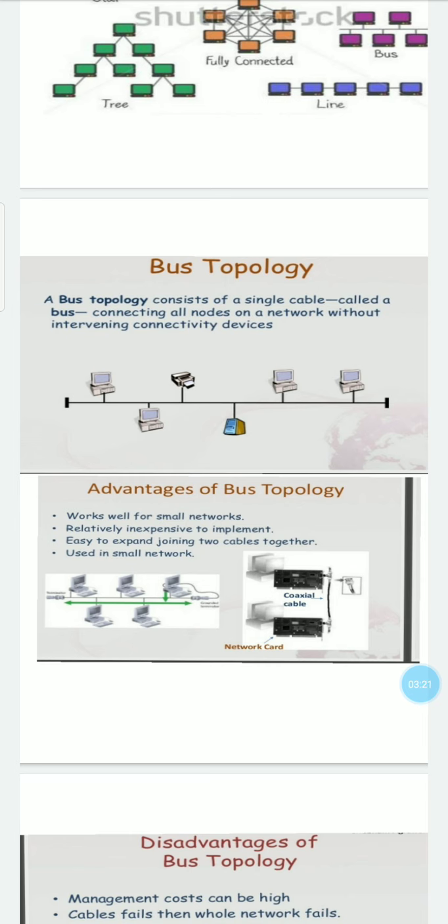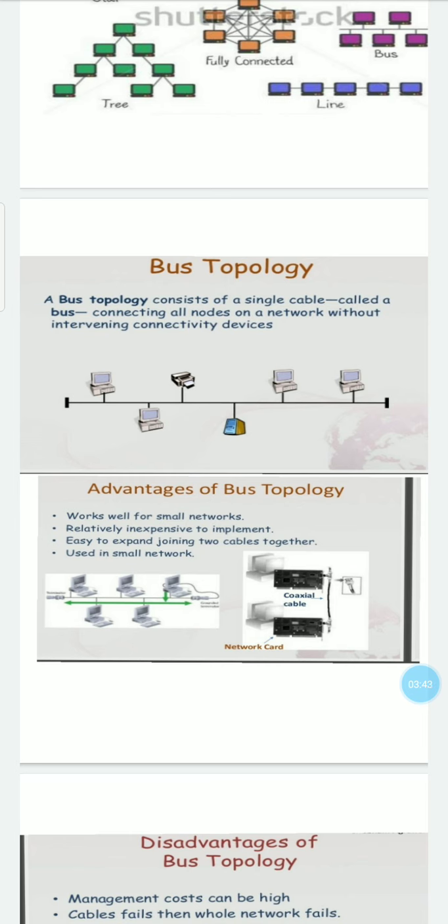The first advantage of bus topology is low-cost cable. In bus topology, nodes are directly connected to the cable without passing through a hub. Therefore, the initial cost of installation is low.